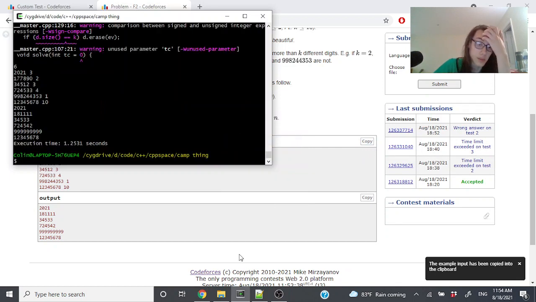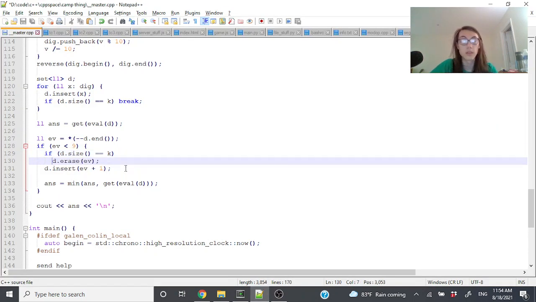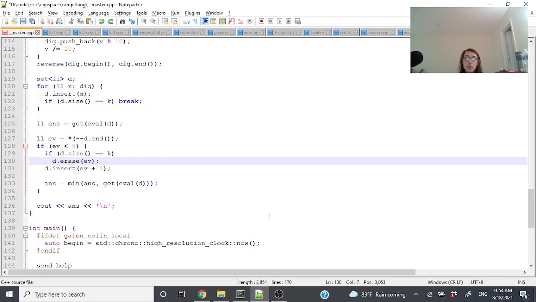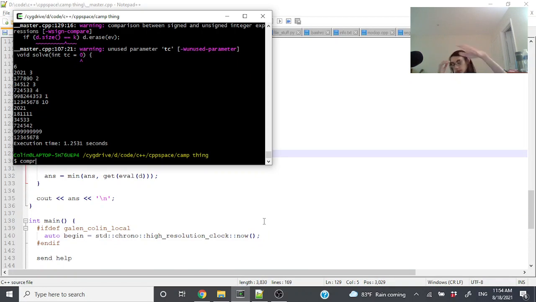I guess that's an important thing to... let's see. Well, actually, wait. No, it doesn't make sense. It only gets to K if we run out of characters, so this shouldn't actually change anything.